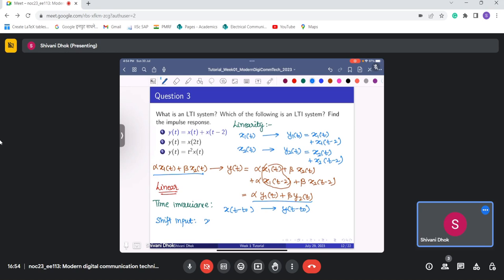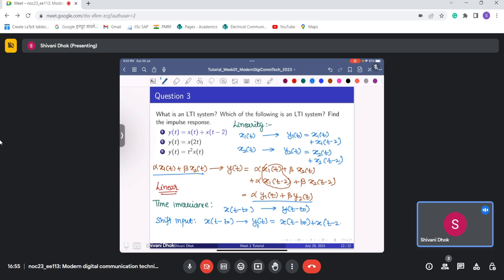Let's say x(t) is the input. If I shift the input to x(t minus t0), this will lead to an output y1(t), which is equal to x(t minus t0) plus x(t minus 2).